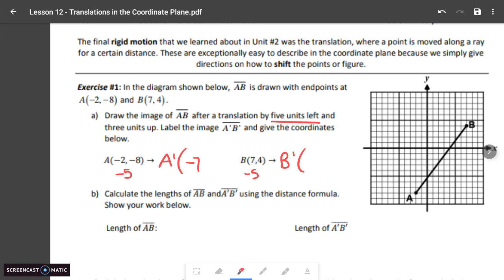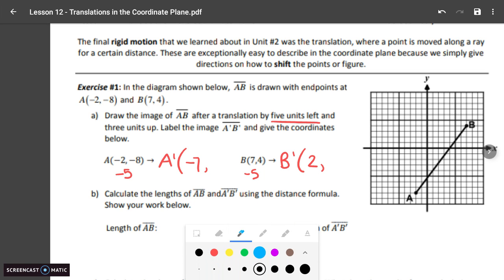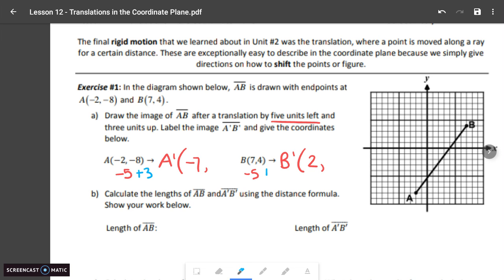And B prime is going to be a 2. And we're going 3 units up. So if we go 3 units up, we're adding 3 to the y's. So it's like having -5 and +7.